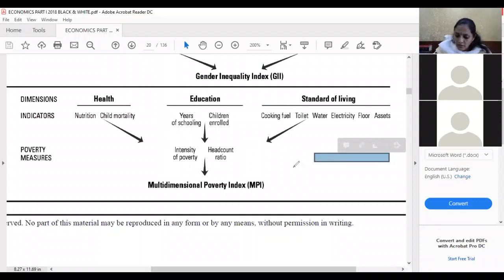Somebody is consuming 1900 calories, somebody around 700, somebody 800, somebody 1000, but all of these people will be placed in poverty, each with a different value. So we are going to see the average intensity: how far are they away from the expected level, what we call the poverty line?